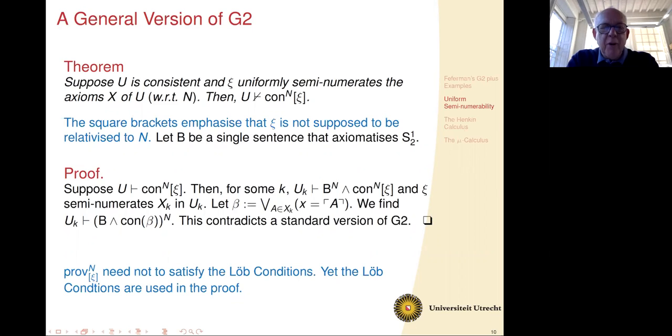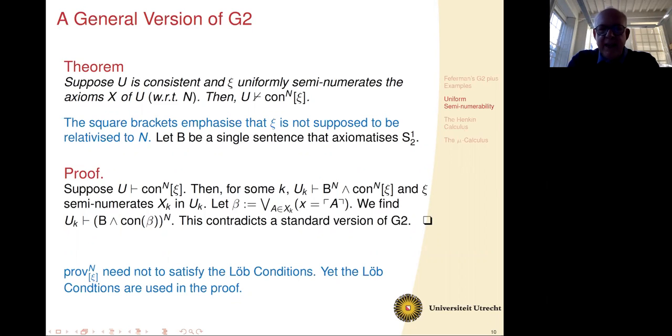So suppose that U proves its own consistency. Then for some finite K0, K0 proves the interpretation of the axioms of Sigma 1 plus the consistency. But then we can go one up to K, to find a theory that proves the consistency statement and the interpretation of S12, and such that also Xi semi-enumerates Xk in Uk.